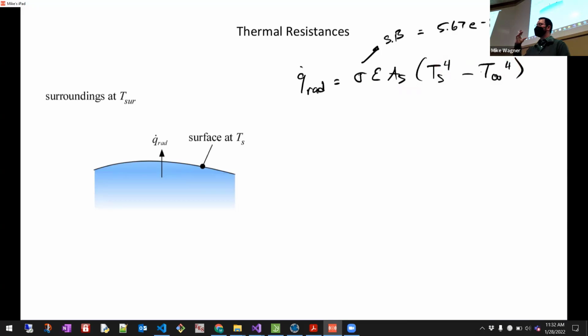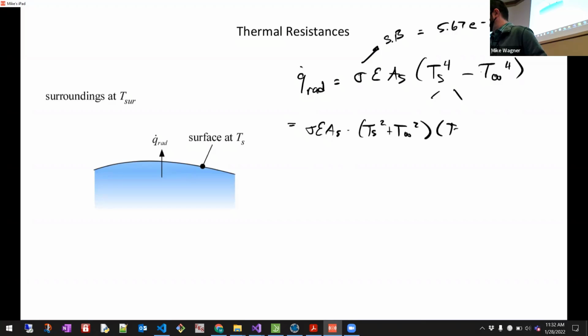Well, again, remembering that resistance is just a useful tool for us, a conceptual tool, we often don't care about being 100% precise. We can do a little trick with this. This is the same thing as sigma epsilon A_S times, if we factor out this expression, T_S squared plus T infinity squared times T_S plus T infinity times T_S minus T infinity.